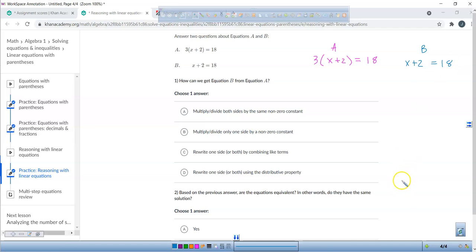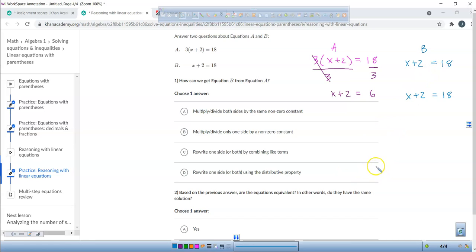So how can we get B from A? Well, if I divide both sides by 3, those cancel out, and I'm left with x plus 2 equals 6, and x plus 2 equals 6 is not equal to x plus 2 equals 18.